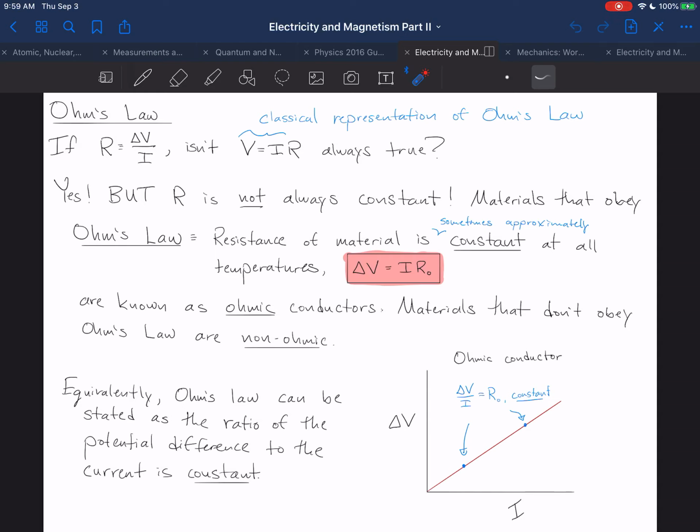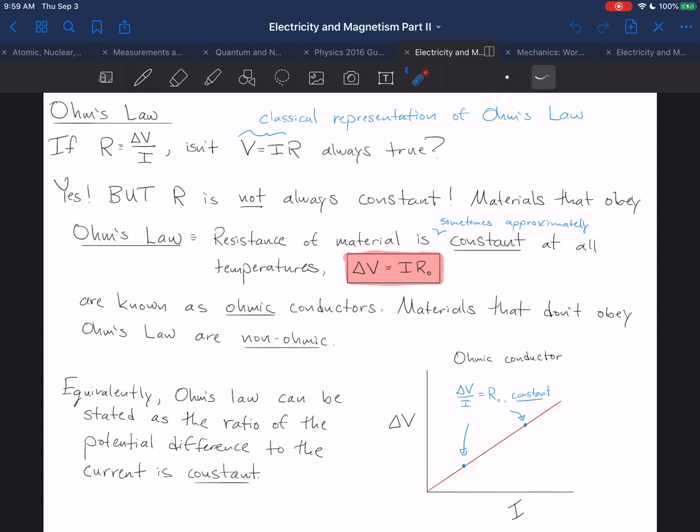And sometimes what we mean by that is mostly constant, or pretty close to constant. So the classical representation of Ohm's law as V equals IR is okay. It just implies that the resistance itself is constant.